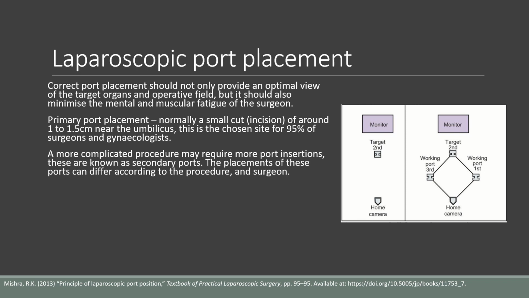The placement of these ports can be a little bit controversial, and it can differ according to the procedure and the surgeon's preference. However, there have been some concepts introduced to help ensure that the correct port placement is chosen. The baseball diamond concept of port positioning can help with ensuring that the correct secondary port placement is chosen.